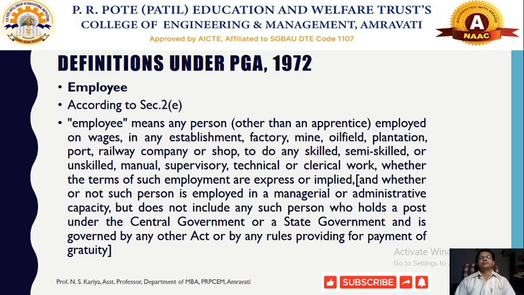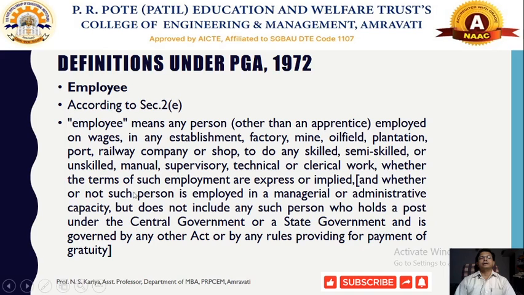So any person employed on wages in any establishment, for example a factory, mine, oil field, plantation, port, railway, company or shop, and performing any kind of work, whether skilled, semi-skilled, unskilled, manual, supervisory, technical or clerical, whether the terms of employment are express or implied, is covered under this act.